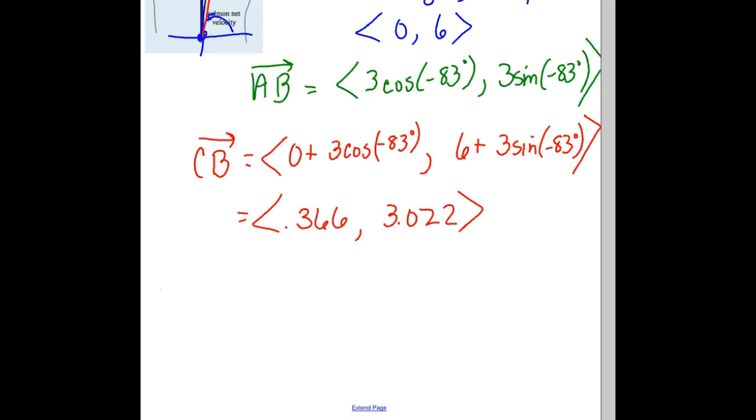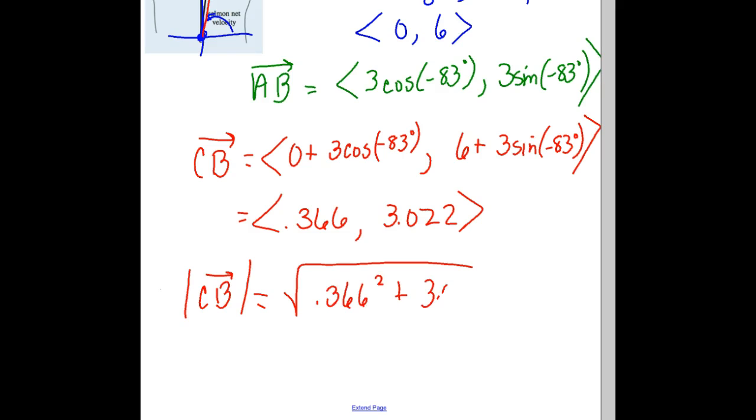Okay. Now, the question was, how fast is the salmon really moving upstream? So we need the magnitude of this vector. So we're going to take 0.366 and square it. We're going to take 3.022 and square it, add them together, square root it all.